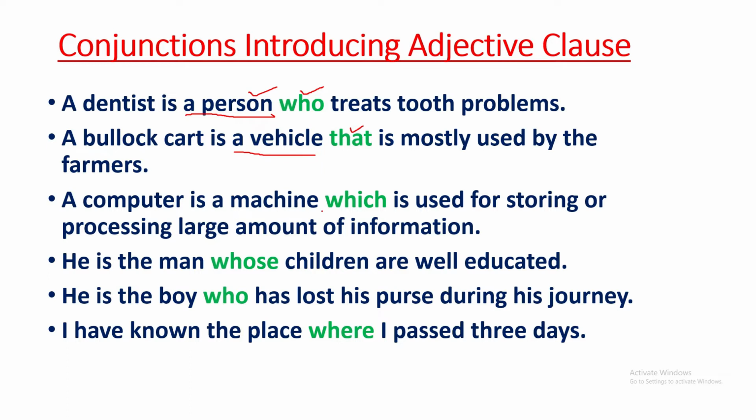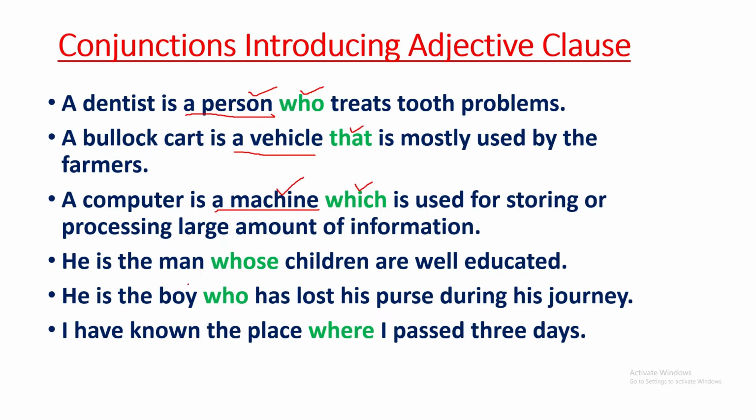A computer is a machine which is used for storing or processing large amounts of information. Which introduces the clause which is used for storing or processing large amounts of information, and the clause says about a machine, a noun. So the clause is an adjective clause or relative clause introduced by the subordinating conjunction which.